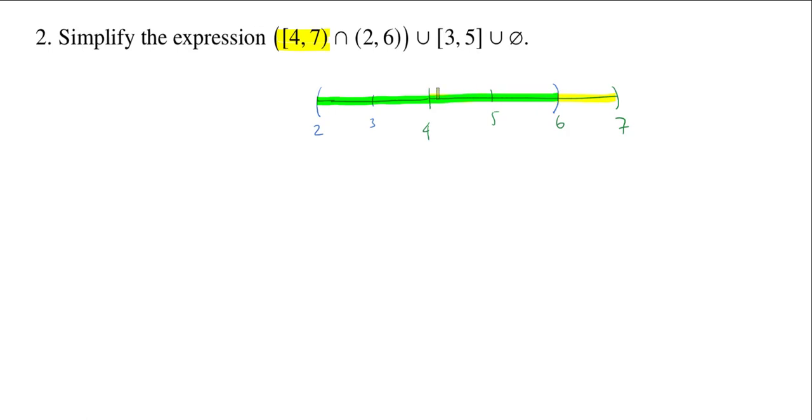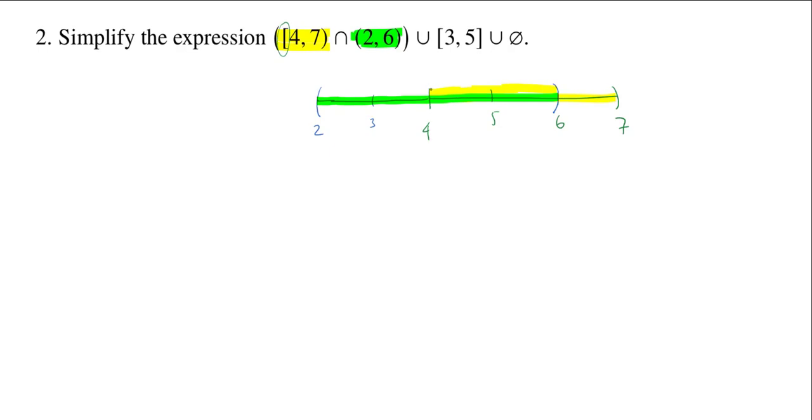Now this yellow line, which we kind of lost here, let me show you where it was. There it is. And what are we doing with these two sets? We are intersecting them. And intersecting means we need things that are in both. So the green and the yellow, where do they intersect? Well, they're intersecting from 4 to 6. Now I had this 4. That's in the set, right?